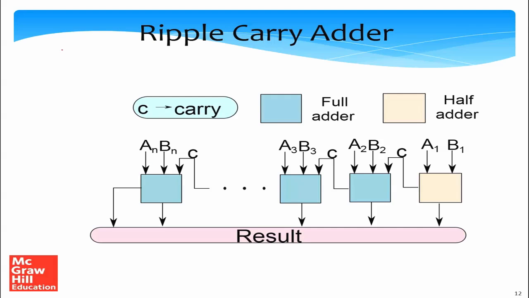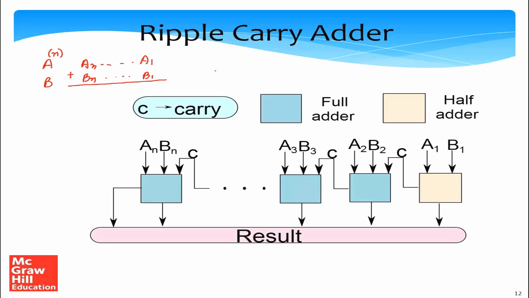Let us first design a very simple adder called a ripple carry adder. In this case, we'll add two multi-bit binary numbers A and B. Let's assume that they have n bits each, and the bits are A1 to An, and B1 to Bn, where Bn means the nth bit and B1 means the first bit. When we add, we'll first add A1 and B1.